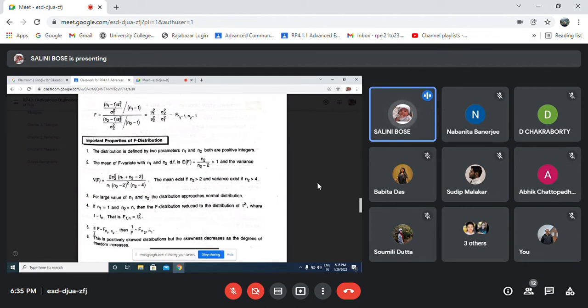And if F follows the F distribution of n1 and n2, then 1 by F will become F with degrees of freedom n2 comma n1. So this part, number 4, is very important because this type of question comes in MCQ. So in the F distribution, if the degrees of freedom are 1 and n, then it will follow the t distribution.